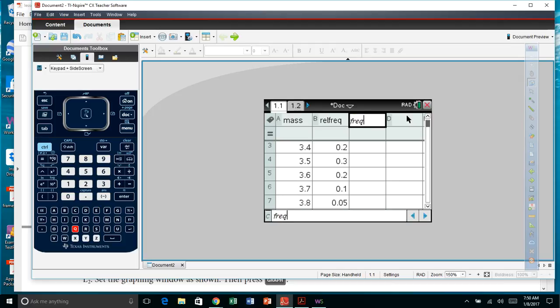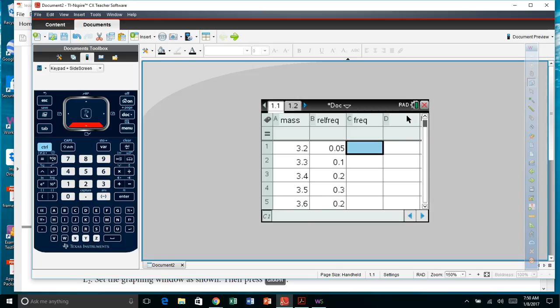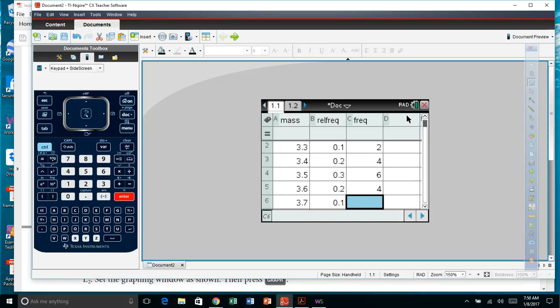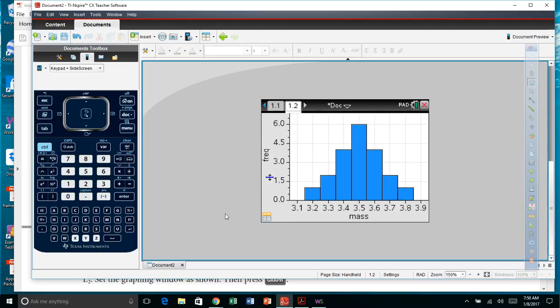All right. And then what do we got for frequency? We got 1, 2, 4, 6, 4, 2, 1. Okay. So we go back to our thing here and click on that, and then let's change it to frequency.